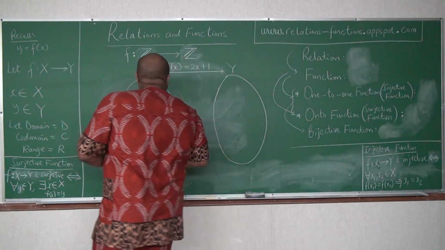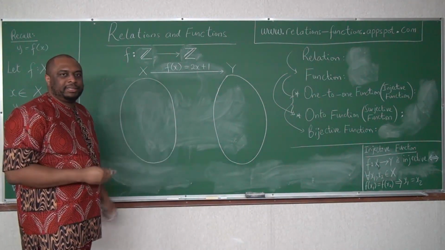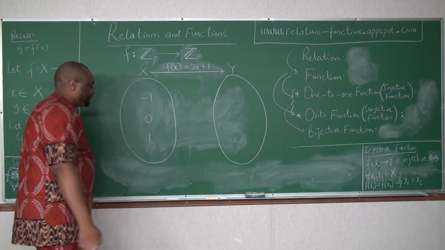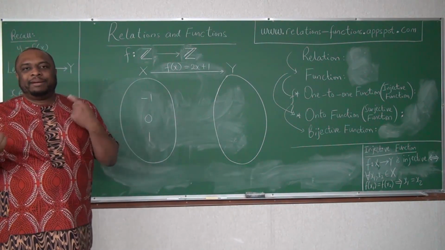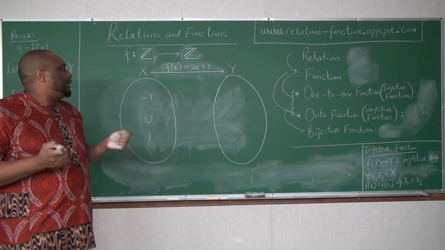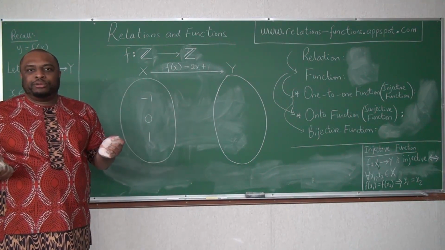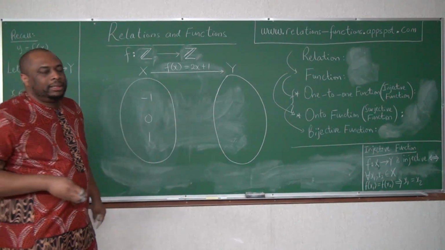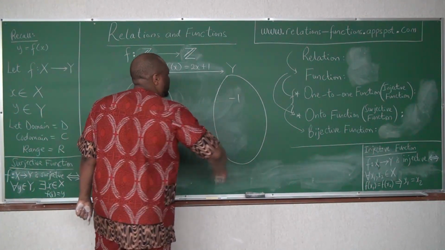Let's just use simple examples here: -1, 0, 1. 2 times -1 is -2. -2 plus 1 is -1.